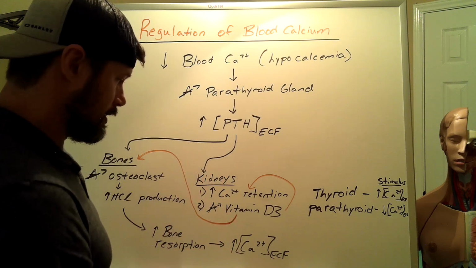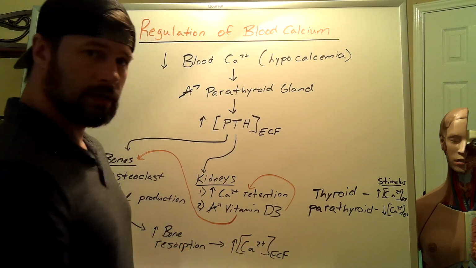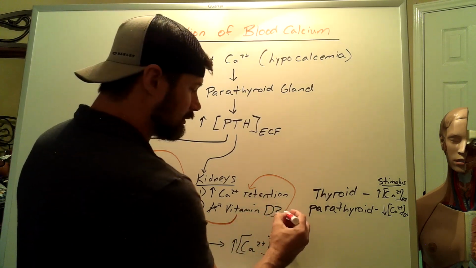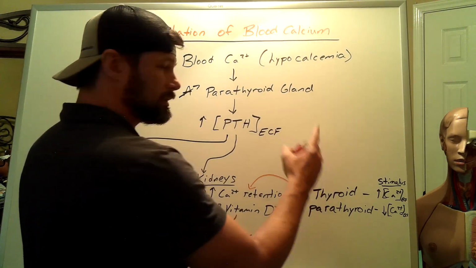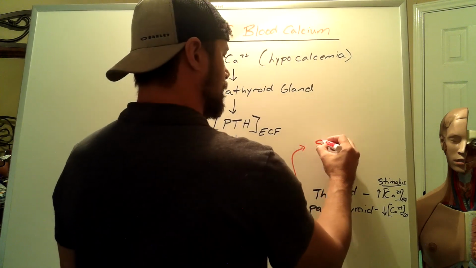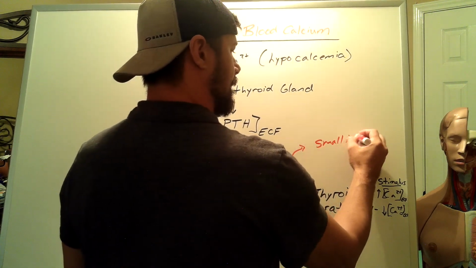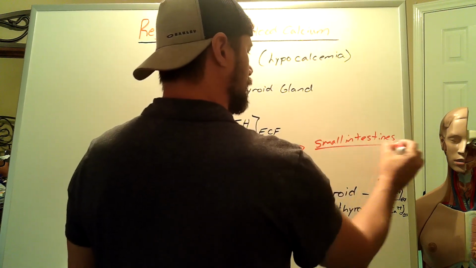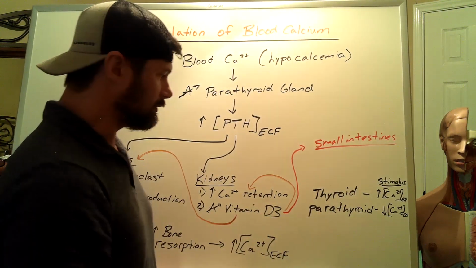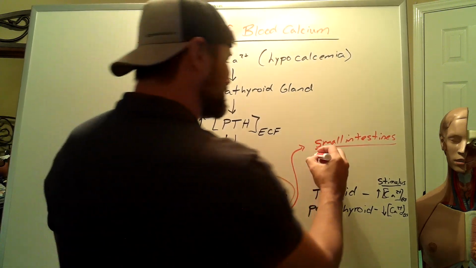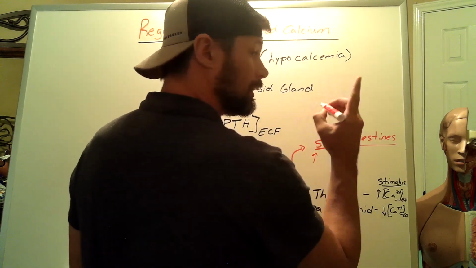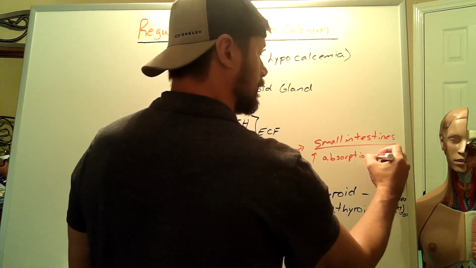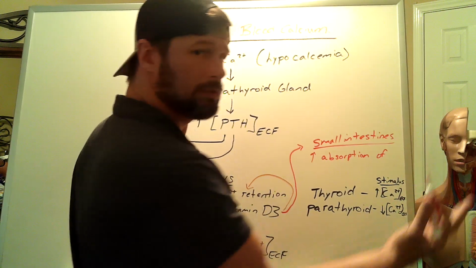Last but not least, put this in red. This is an important little aspect of vitamin D3. Okay, vitamin D3 is also going to go and talk to the small intestines. And in the presence of vitamin D3, the small intestines increases its absorption of, what are we after?